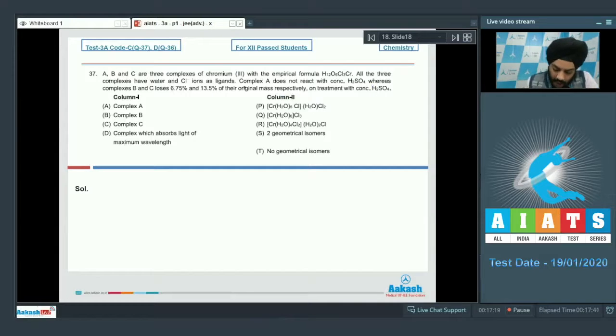Okay. So if we talk about complex A, students, it does not react with concentrated H2SO4. It means that there is no water outside the coordination sphere. So complex A has to be [Cr(H2O)6]Cl3. Okay. If you talk about complex B now, it loses 6.75%. So it has to have only one H2O molecule outside.